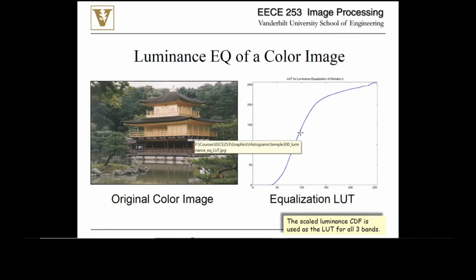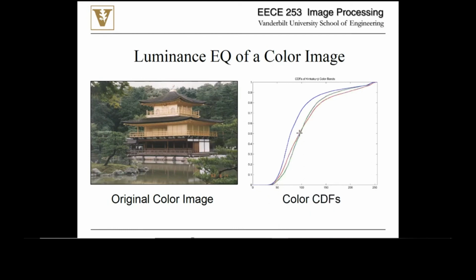Now, because we have a single transformation, we are not distorting the relative colors. But also, and you understand why, look at this curve; it is more similar to the green one. Look at it again. You see, it is almost like the green one.